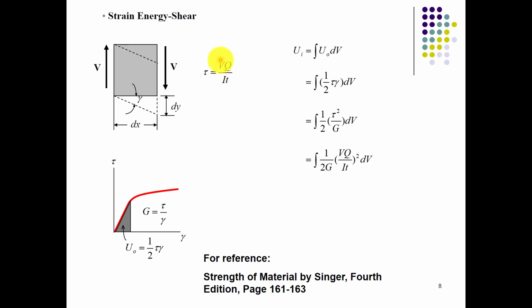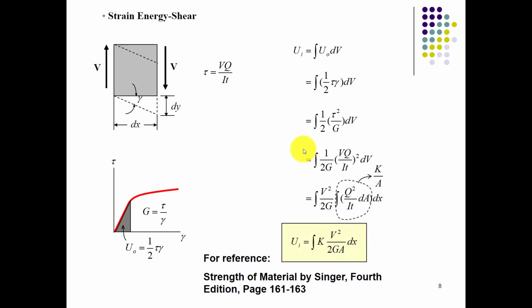V is the shear force, Q is the first moment of area, I is the moment of inertia, and t is the thickness of that cross section. So you can put this tau into the internal strain energy formula and then compute the values, like V square over 2GA. So internal strain energy can easily be calculated using these formulas for torsion, shear, and bending.